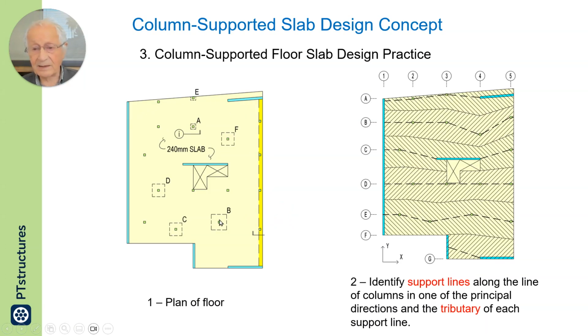Here is the plan. You will select support lines along the line of columns and walls if they happen to be on the way. You identify support lines along the line of columns, and to each support line, you associate its tributary and conclude with a design strip.